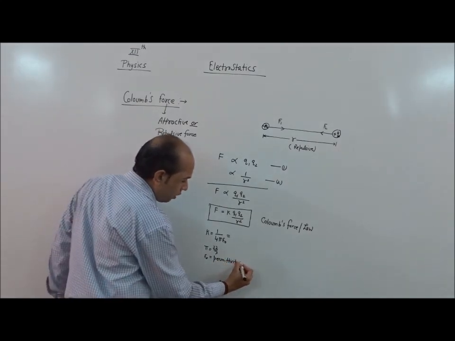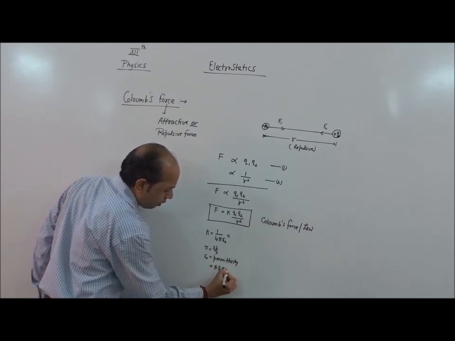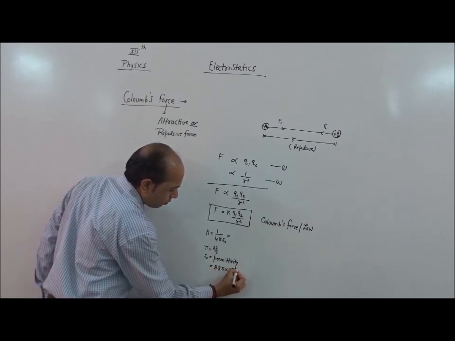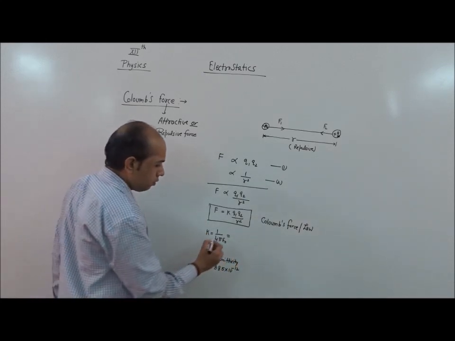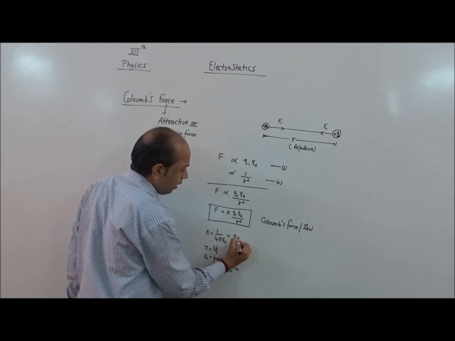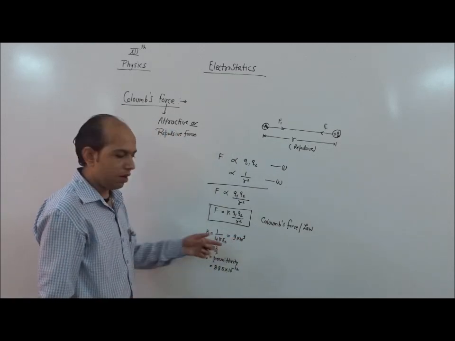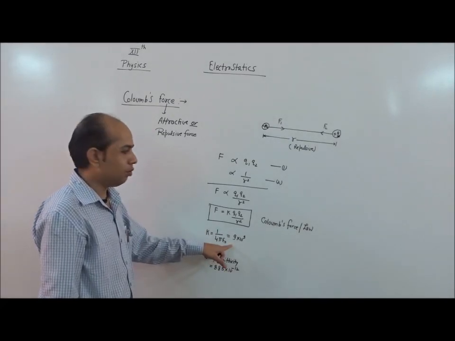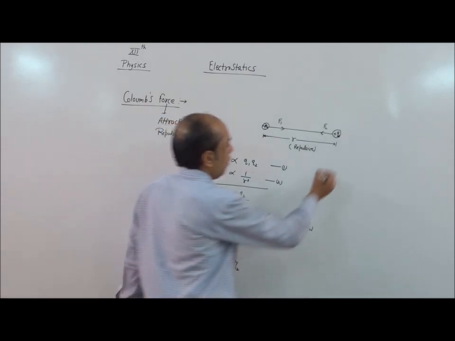When we replace all these values, we get 9 into 10 raised to power 9. So this is the numerical value: K is equal to 9 into 10 raised to power 9.